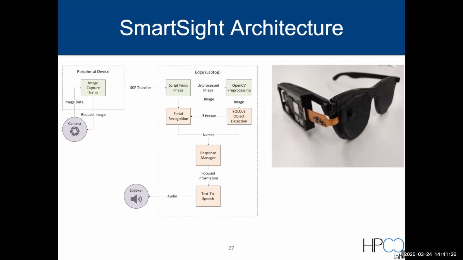And then it can also do facial recognition. Dr. Amini is your professor from the University of North Texas. We have trained the facial recognition for Dr. Amini alone, so for now it's only going to detect him.